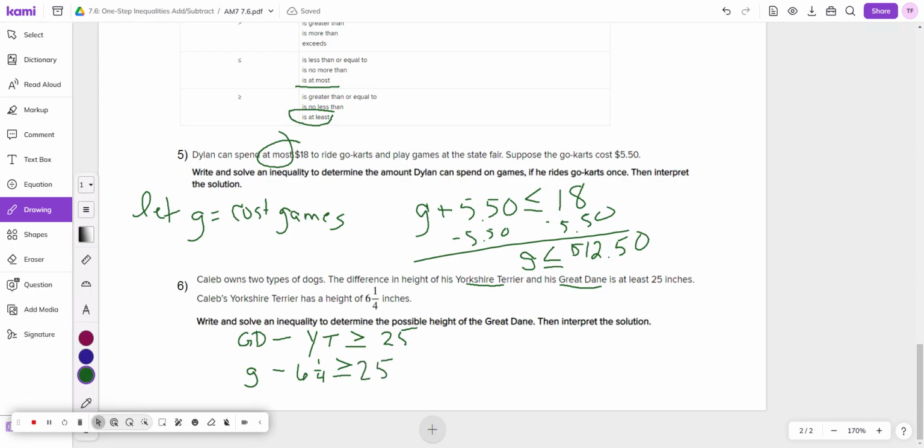Well, then to solve that, we're going to add 6 1/4 to both sides. I'm going to have to bring it over to here. So my solution is the height of the Great Dane is greater than or equal to 31 1/4 inches.